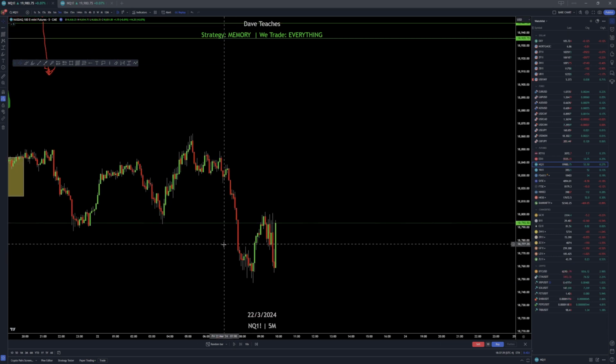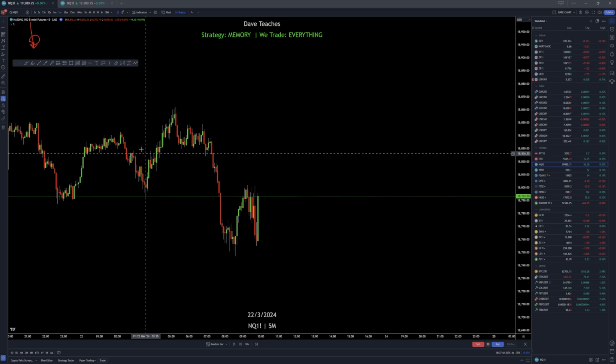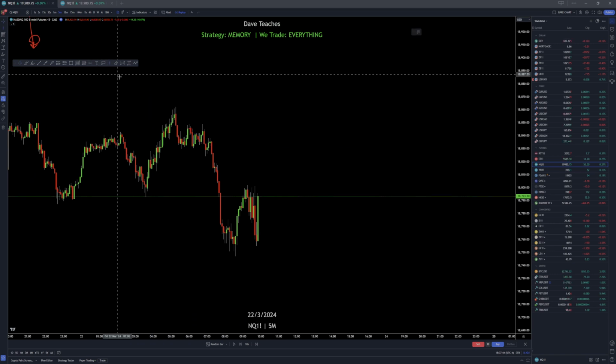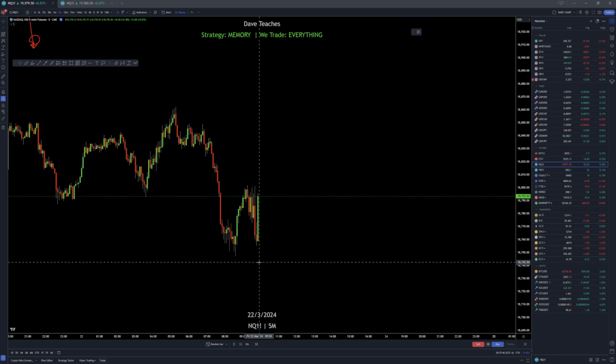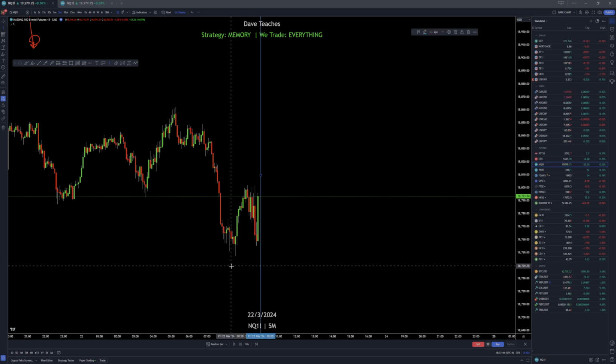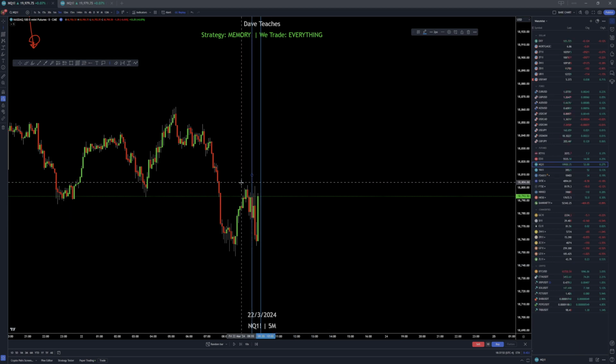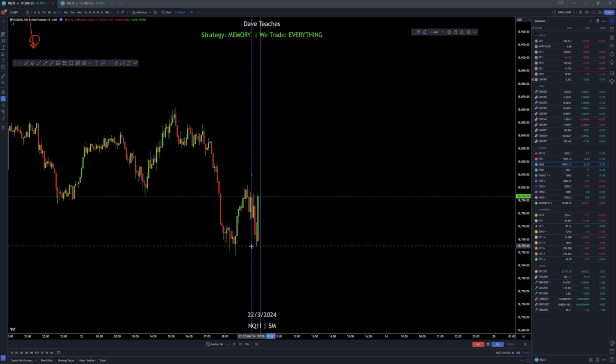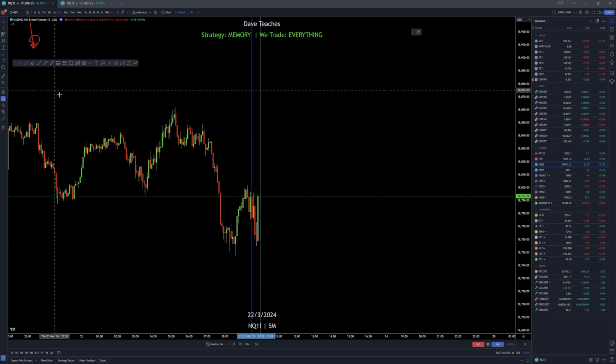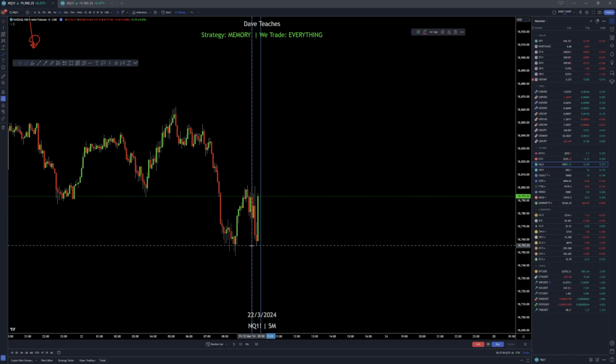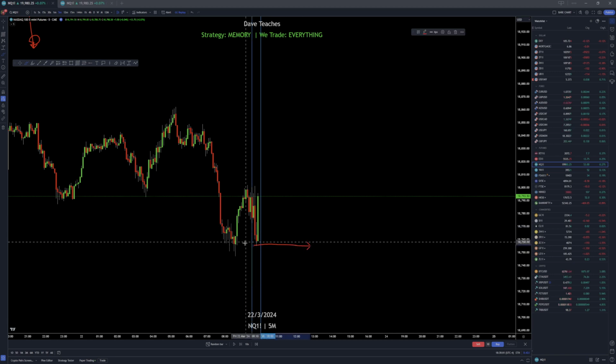All right, there we go. So here we have 10 o'clock, 9:30. So this is the 9:30 low that it put in. Remember what I said about 9 o'clock?